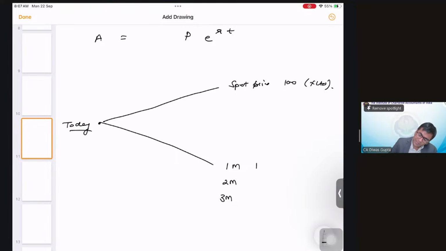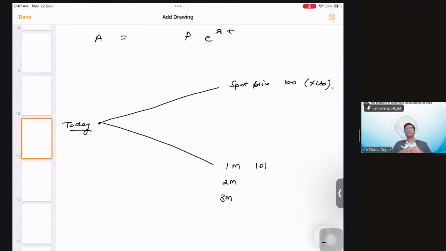So the 1 month expiry is 101. Now tell me, students, 2 month expiry future, the value will be what? Will it be higher than 101 or it will be lower than 101?